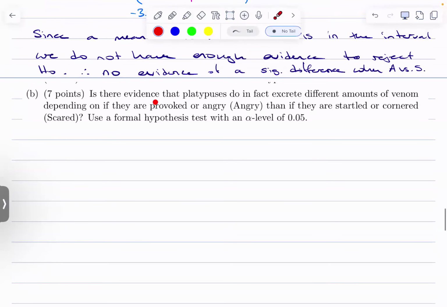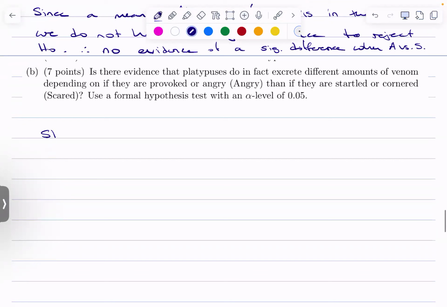Is there evidence? Now, is there evidence tells me that this is going to be a hypothesis test. Okay. That platypuses do in fact excrete different amounts of venom depending on if they're provoked or angry than if they're startled or cornered. Use a formal hypothesis test with an alpha level of 0.05. Okay. We've already done step 1, which is state the hypotheses.